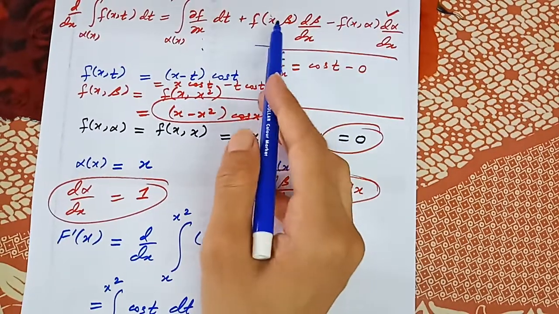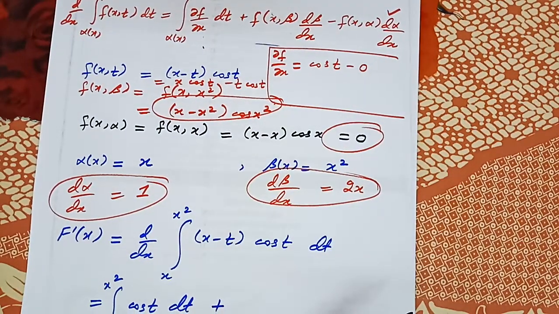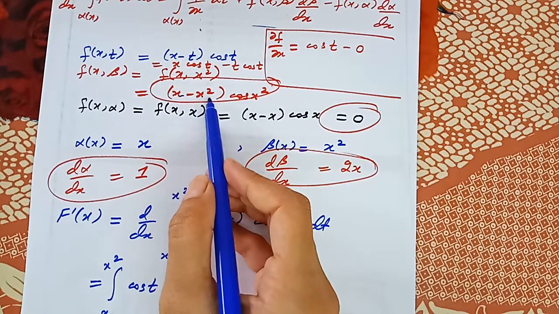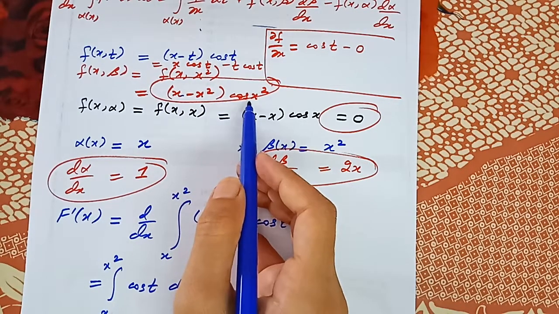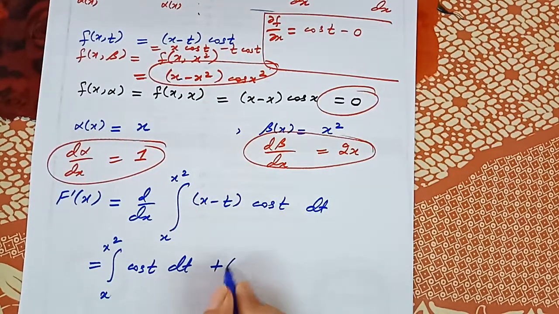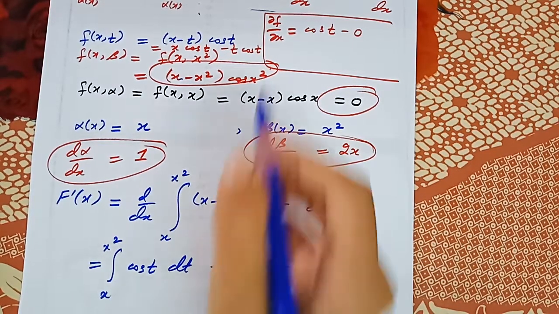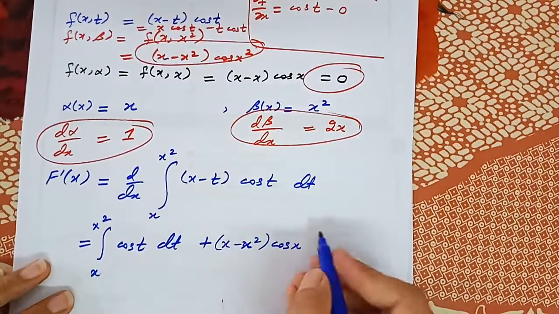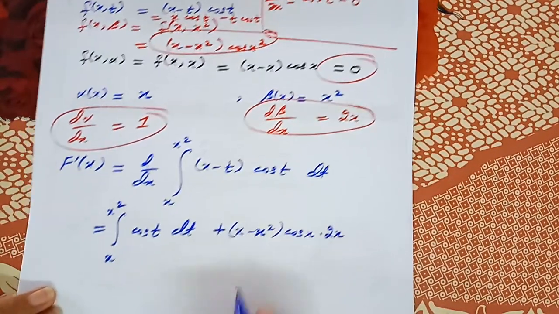f of x, beta is x minus x squared cosine of x squared, and you need here d beta by dx. So d beta by dx is 2x.